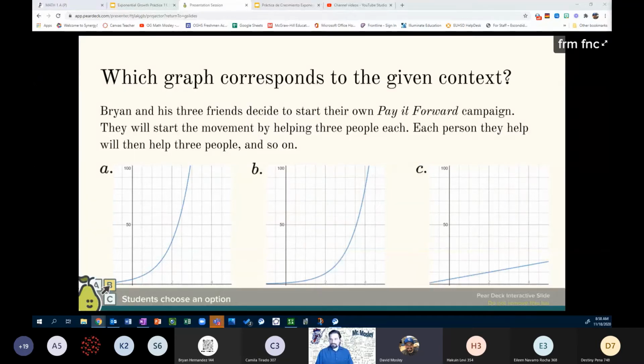Okay. All right, so now let's go to B. I have 11 people who chose B. Can someone tell me why they chose B as the option, the graph for this context?